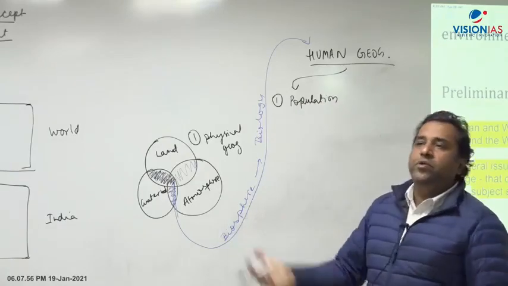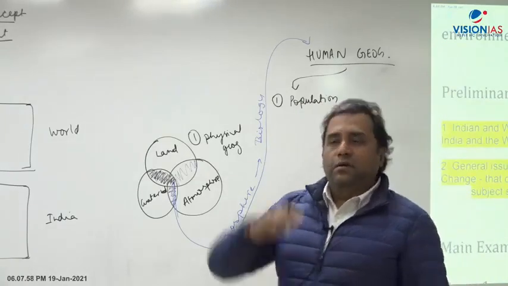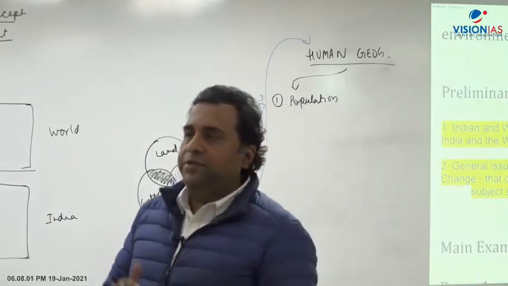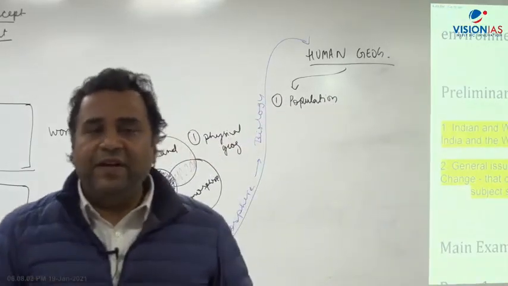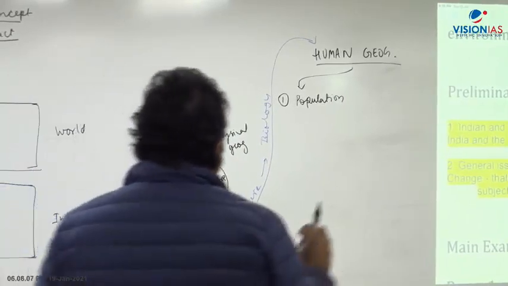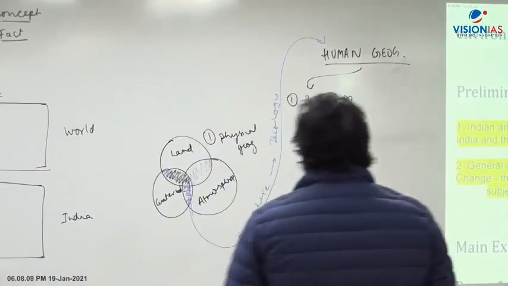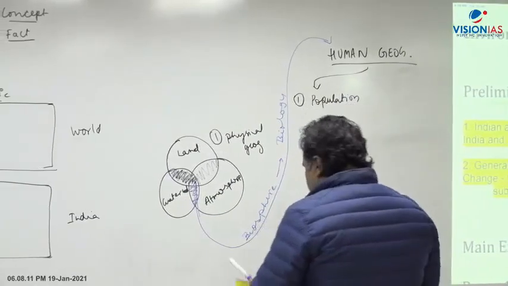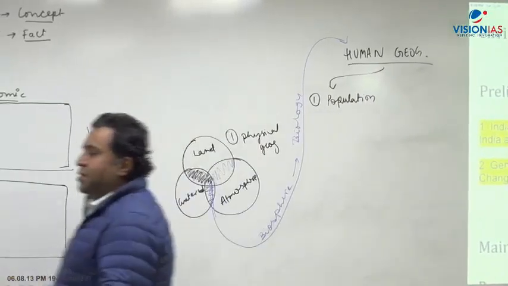How many human beings are there on the earth, in India, because we are talking of India's human geography and world human geography. So we'll talk of the population of the world and the population of India. So where on earth do you find most of the population? This is important to understand.